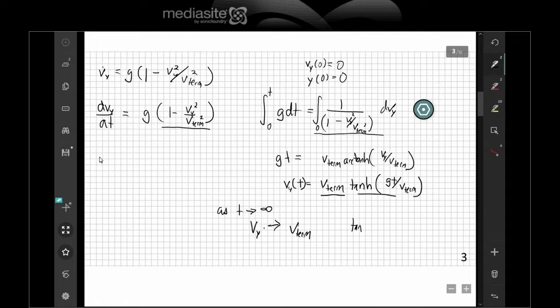That must mean that the hyperbolic tangent, what I would expect is the hyperbolic tangent to go to 1 as t goes to infinity.